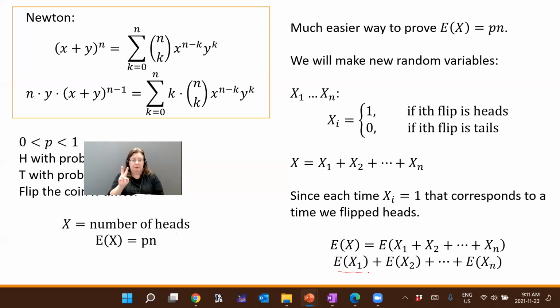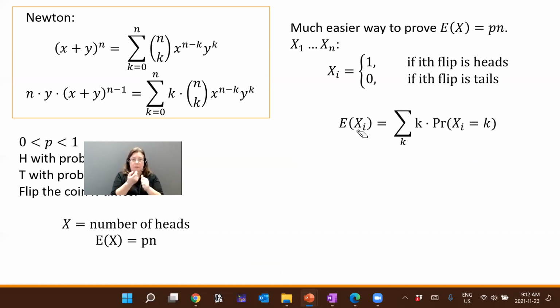That is equal to the sum of the expected values of those random variables. That is the linearity of expectation.